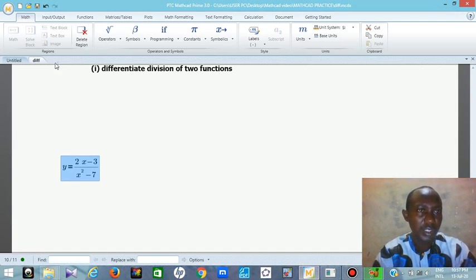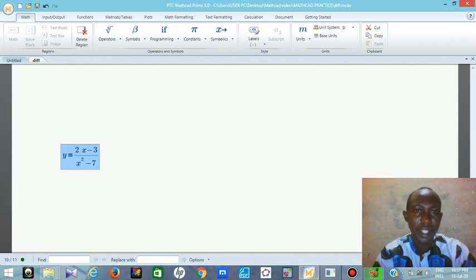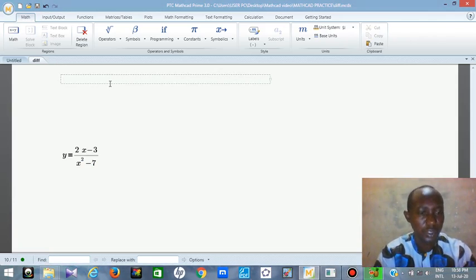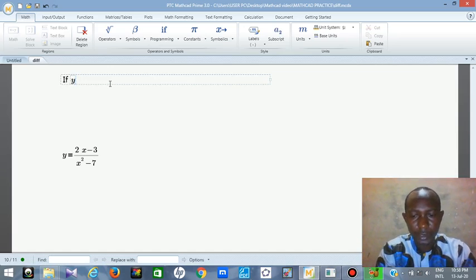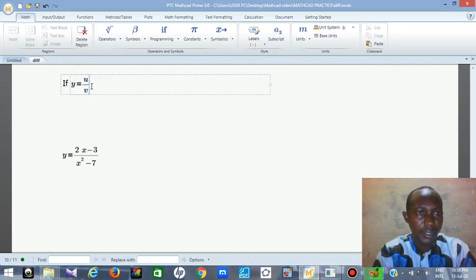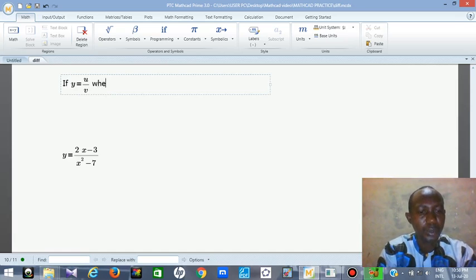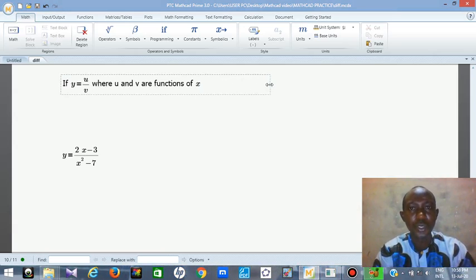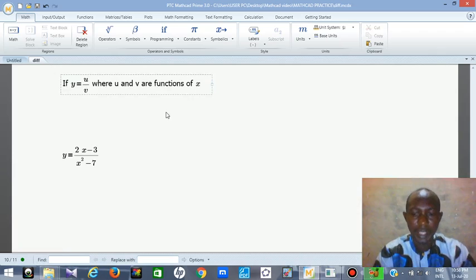Quotient rule, the condition is this. It states that if I have two functions, let's say y is equal to u divided by v, where u and v are functions of x, then how do you use quotient rule?